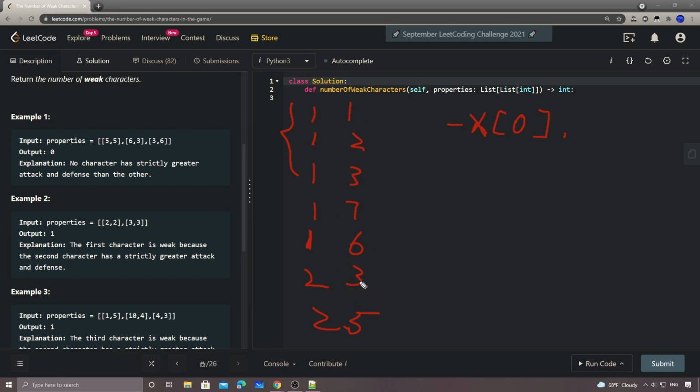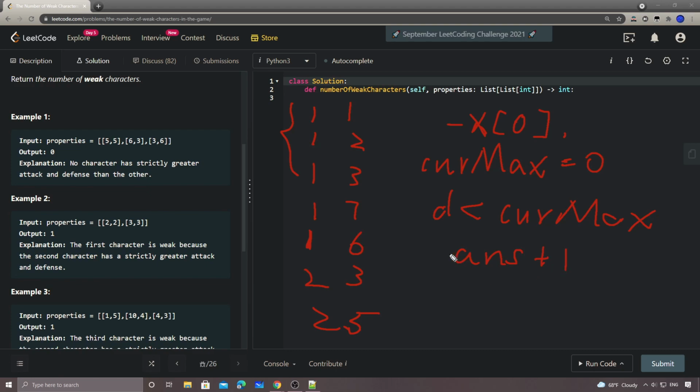So what we can do is maintain a current max defense that we have seen so far. At the beginning it's 0, right? And whenever the defense is smaller than the current max, right? Then we know we can do an answer plus 1 here.